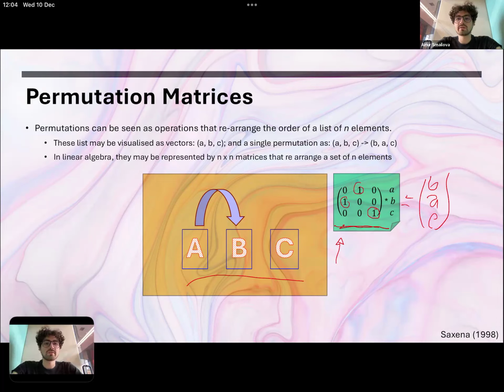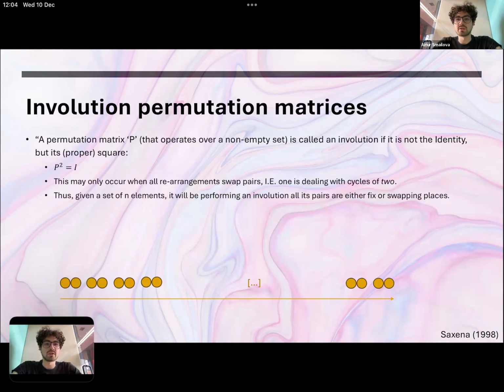And in the case of permutation matrices where you have cycles of two, or rather involution permutation matrices, a permutation matrix can only be an involution if it is not the identity, but rather the proper square root of the identity, shown here in this property.